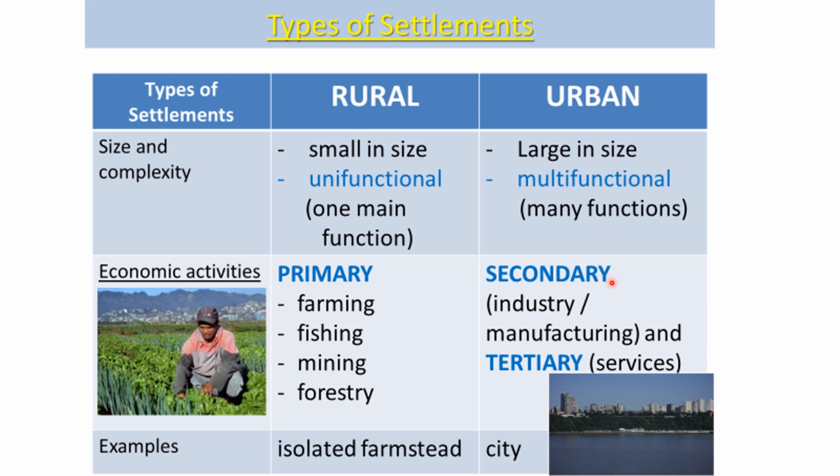An urban settlement is a settlement where the main economic activities are secondary and tertiary. Examples of an urban settlement would be a city. In rural settlements the main economic activity is primary, whereas in urban settlements the main economic activities are secondary and tertiary.